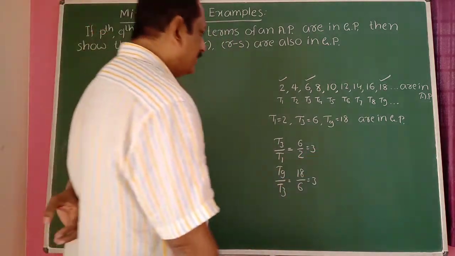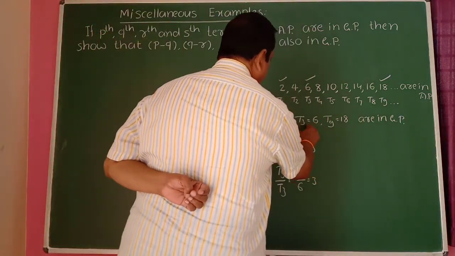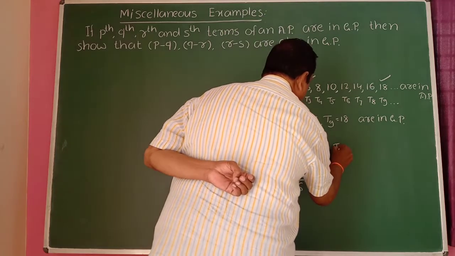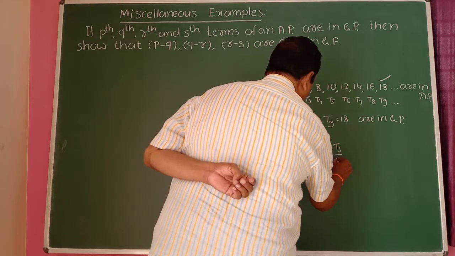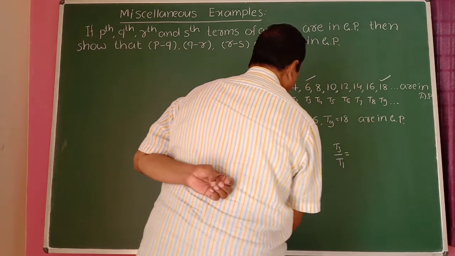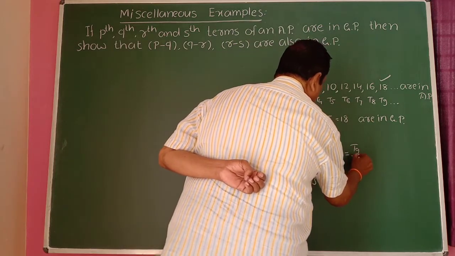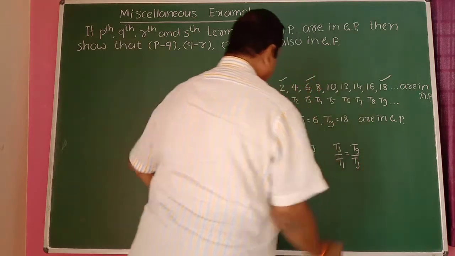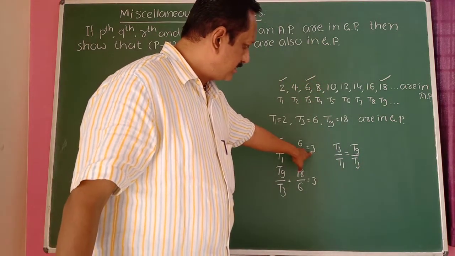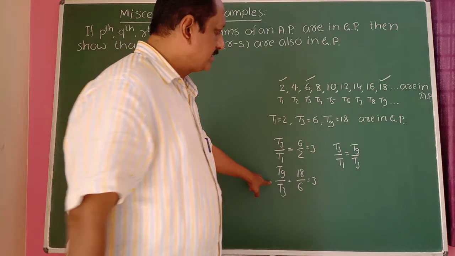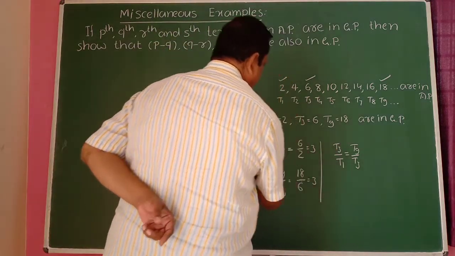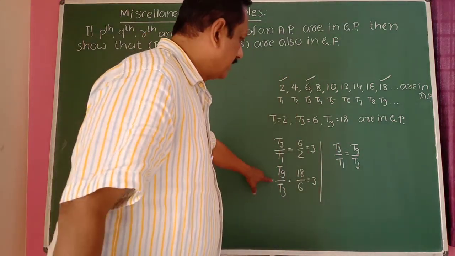Then T3 divided by T1 is equal to T9 divided by T3, because both are equal here. This is 3, this is also 3 here. Therefore, both are equal here.